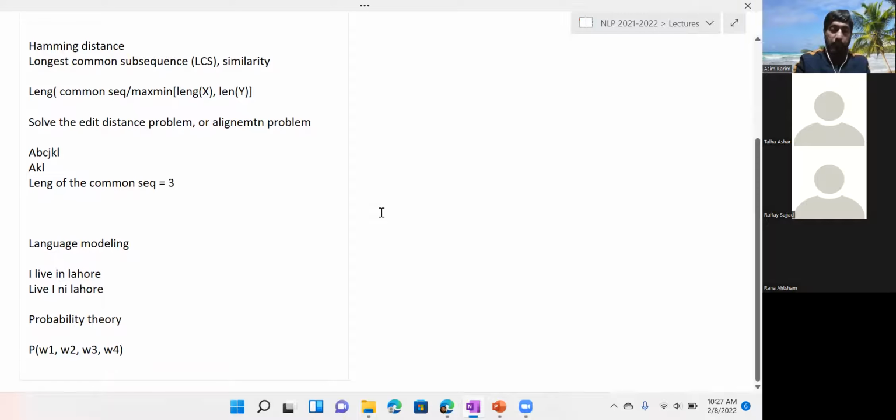So in other words, the probability of "I live in Lahore" should be greater than the probability of "live NI Lahore". So language modeling essentially is assigning probabilities to sequences of words in running text. So that is language modeling.